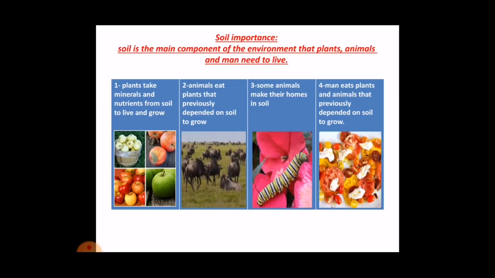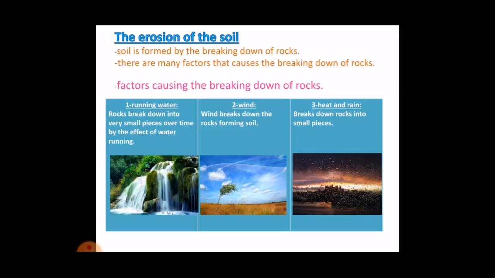Number 2, animals eat plants that previously depended on soil to grow. Number 3, some animals make their homes in soil, like earthworms. Number 4, man eats plants and animals that previously depended on soil to grow.